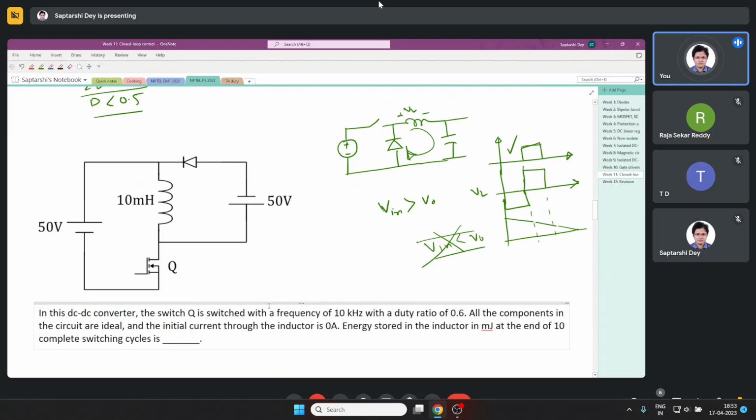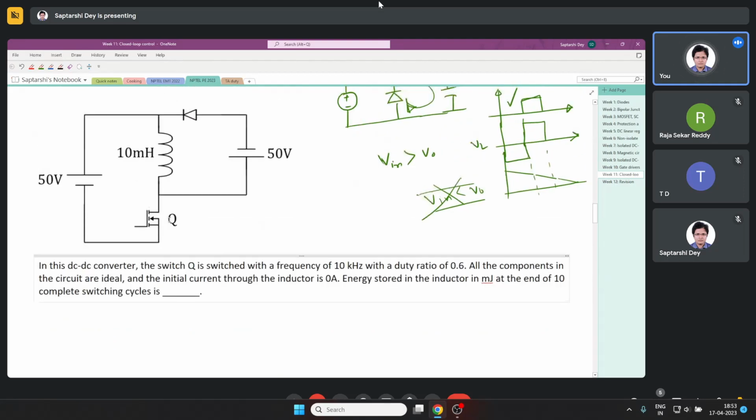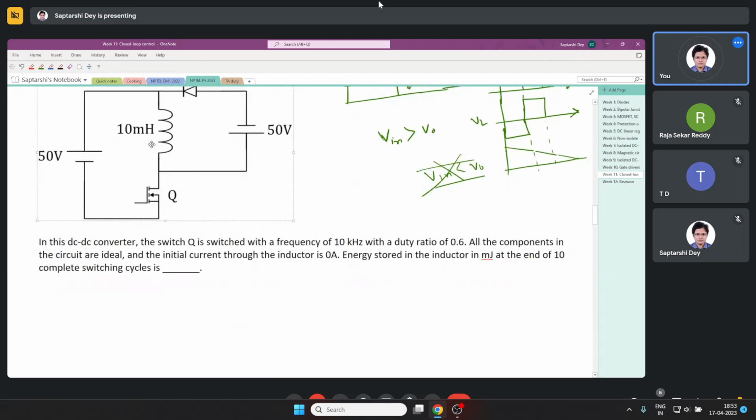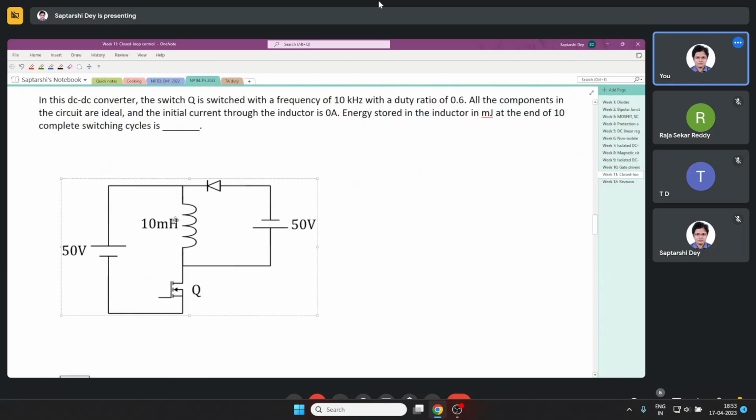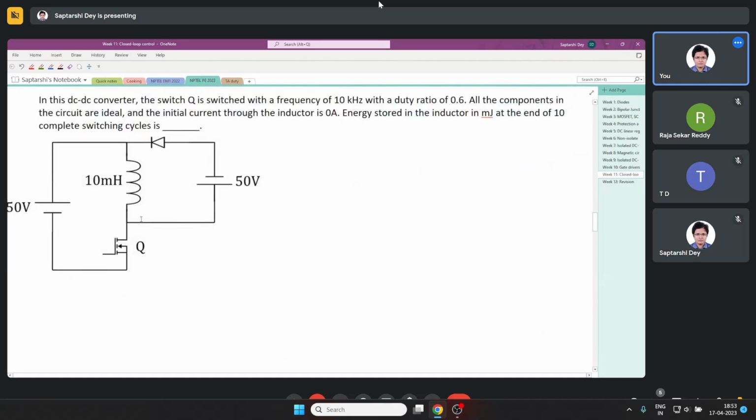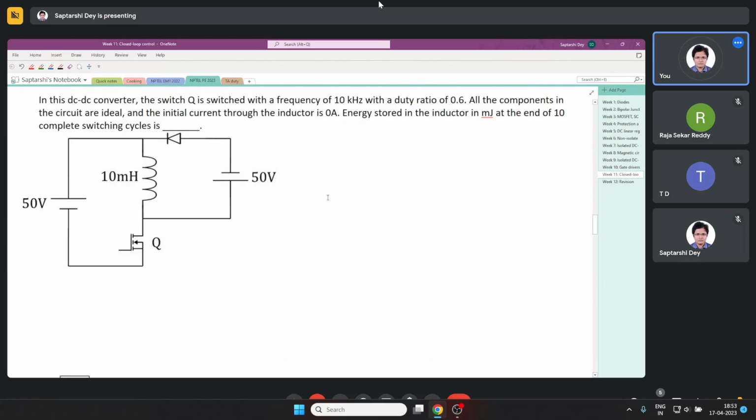So you see what is happening. There is a switch. I am turning this on, turning this off. So when I am turning this on, what is happening? We will draw the waveform. Here it is.